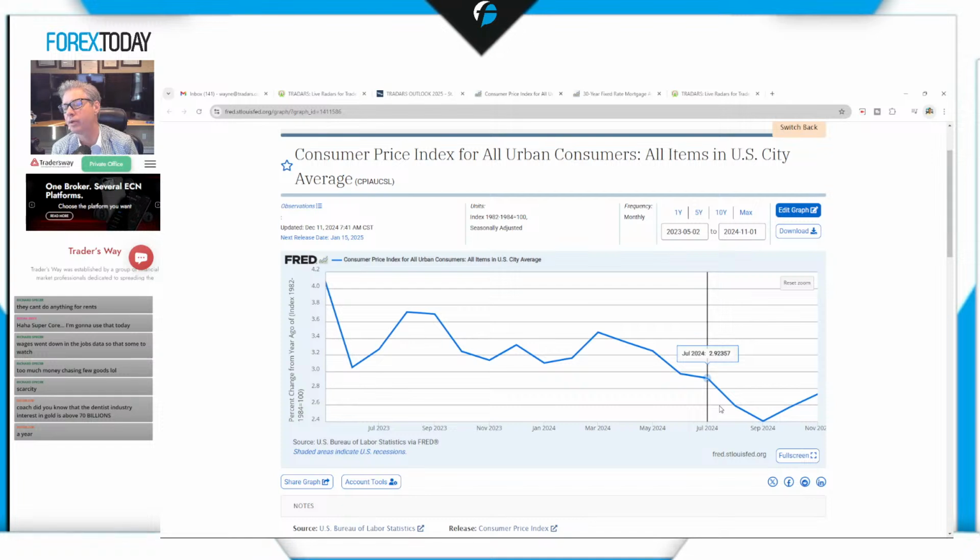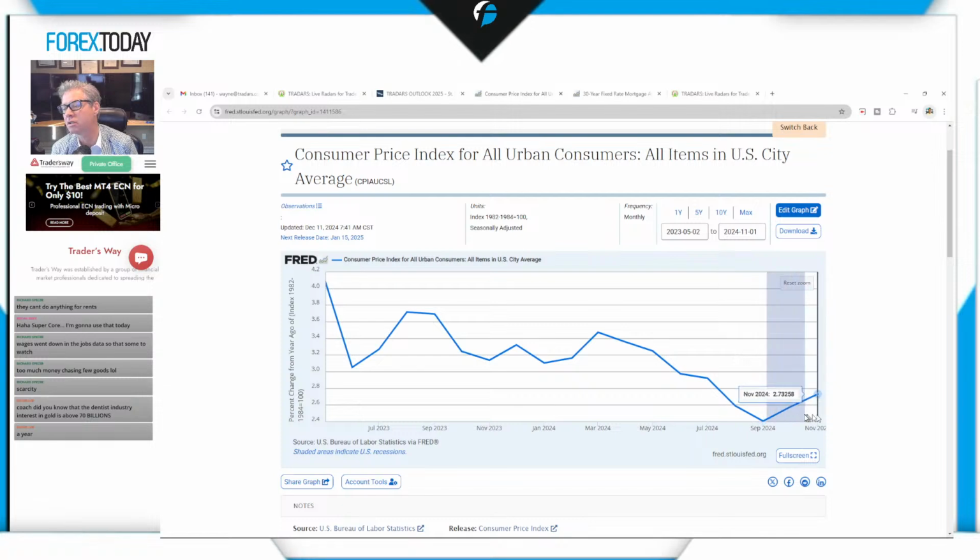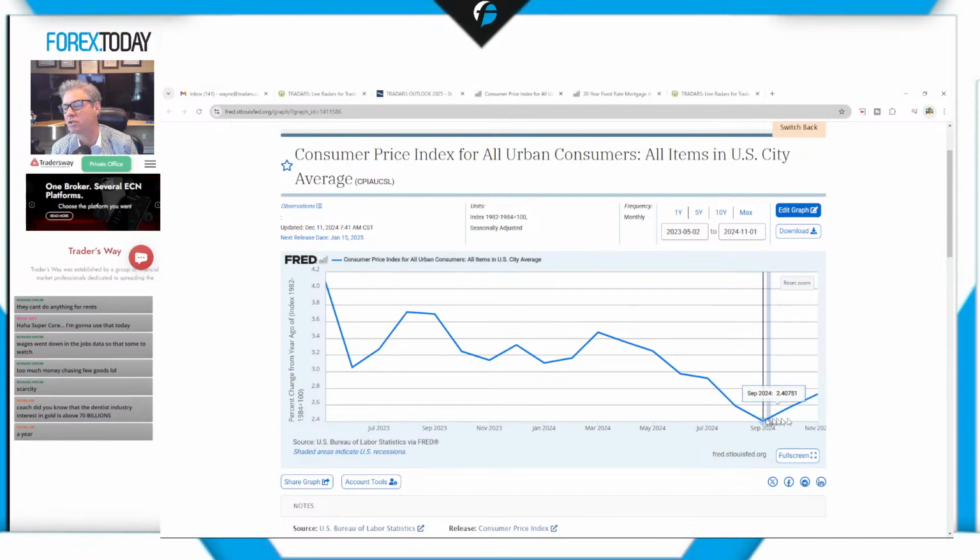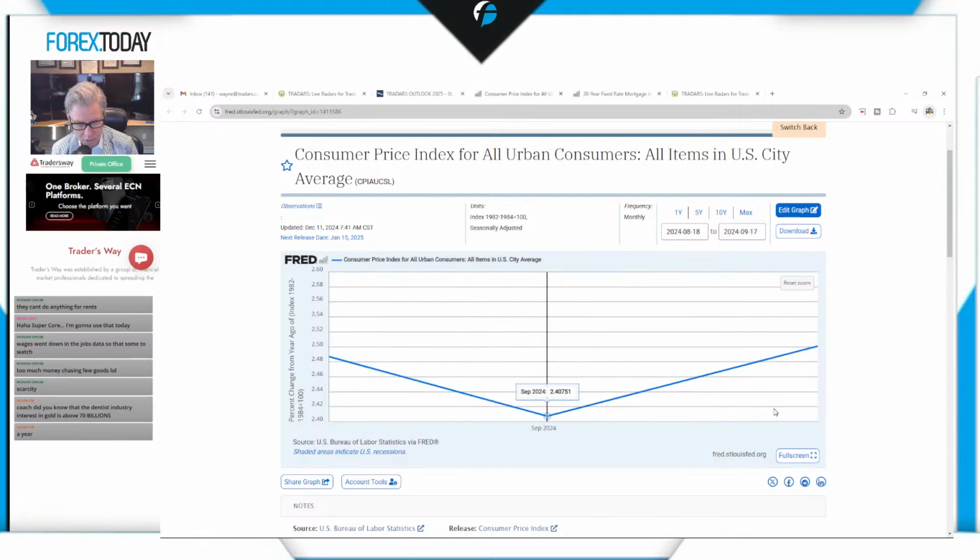Okay? But now R star's moving because of this period, and all of a sudden everything changed. The tone of the Fed changed and the dot plot changed. And now maybe even no interest rate cuts this year.